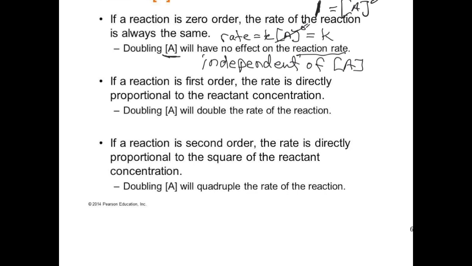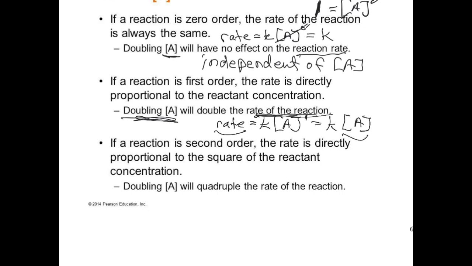So in this example, rate is equal to the rate constant times A. And you don't write the first power, but really in practice, we don't write that. We just say that. And so if you were to double the concentration of A, the rate of the reaction also would double because they're directly proportional. See?